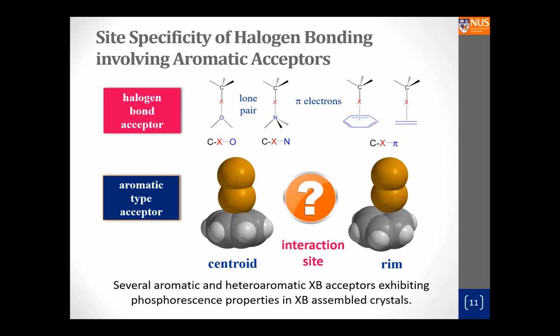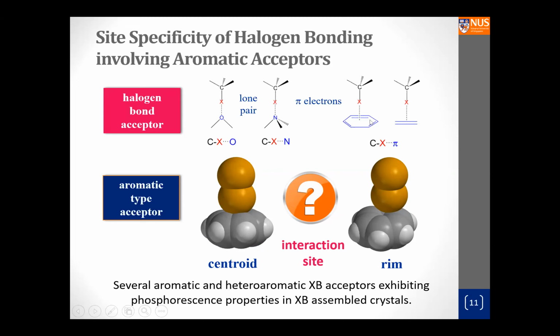Okay, my interest about 5 years ago in this topic, which I'll mention later, is that these fluorescent materials mostly involve some aromatic acceptor. When you have a halogen bond acceptor involving a pi bond, like a double bond or triple bond, clearly you interact at the center of the bond.